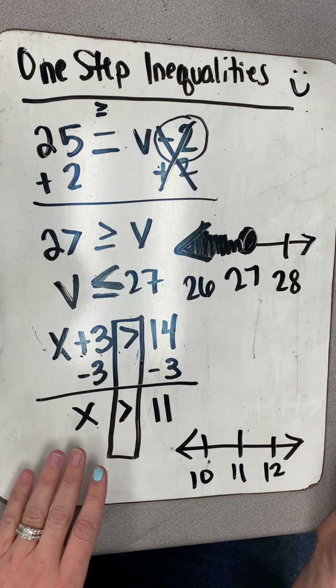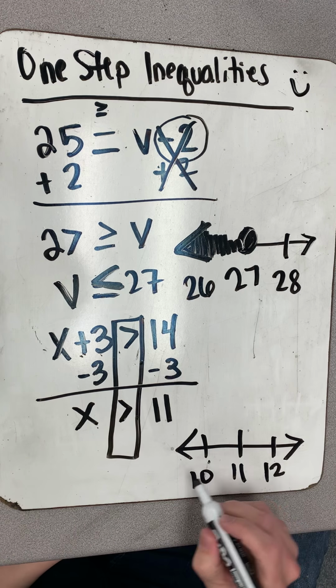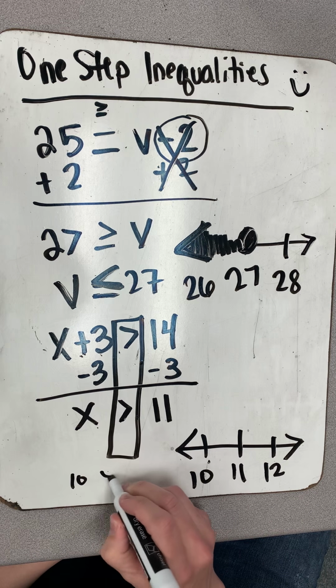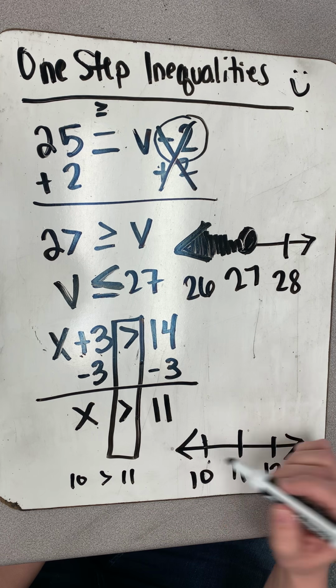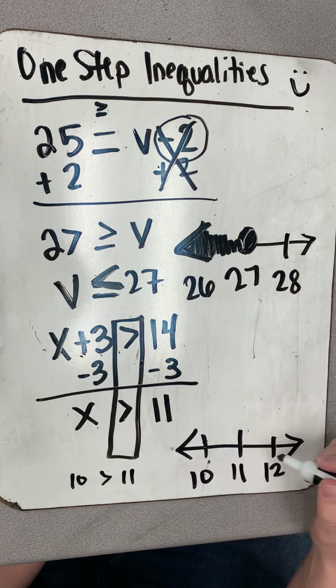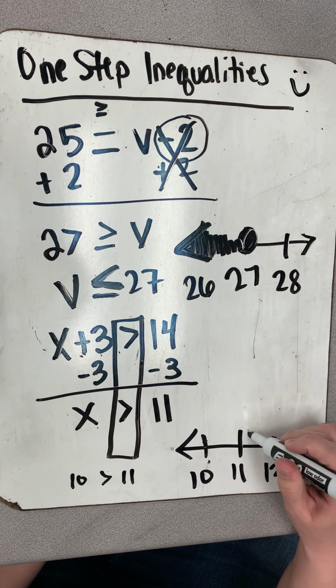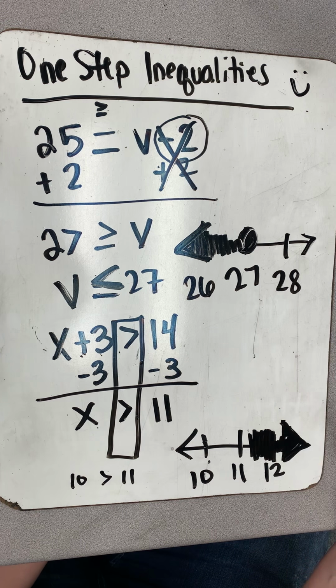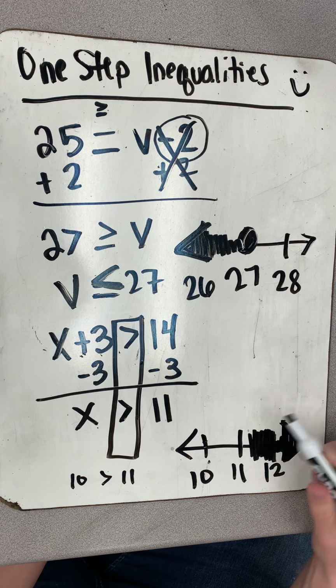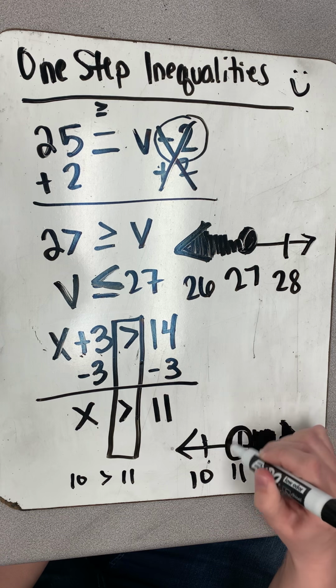And then what you want to do is you want to check it. You want to say, okay, is 10 greater than 11? And it's not. 10 is not greater than 11. So I know it's going to be everything above 11, plus the trick works. I forgot to do my circle. So I have a circle on 11.